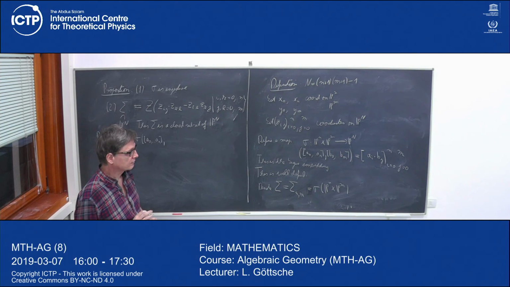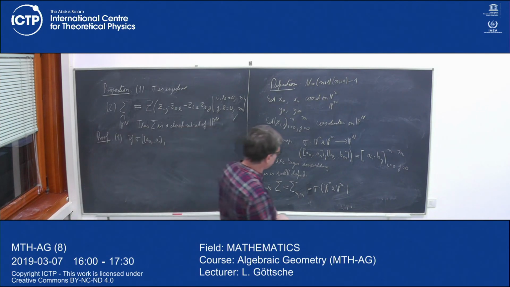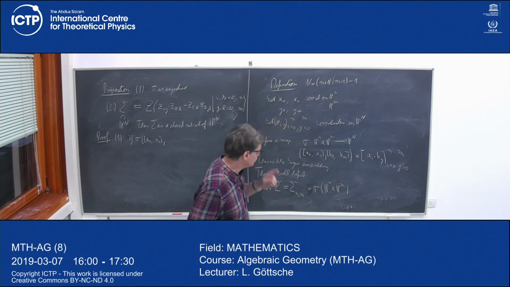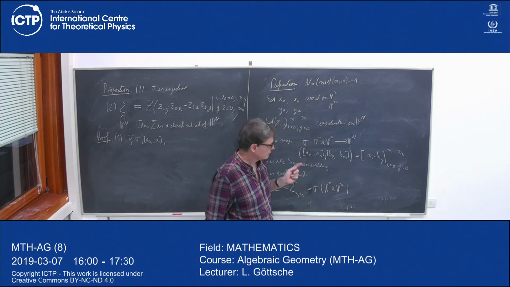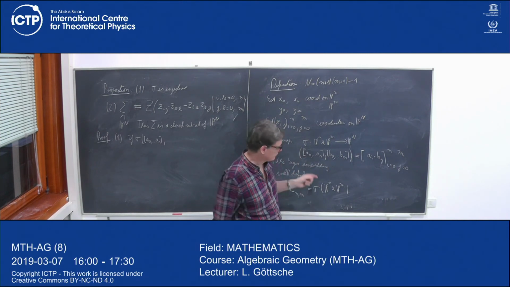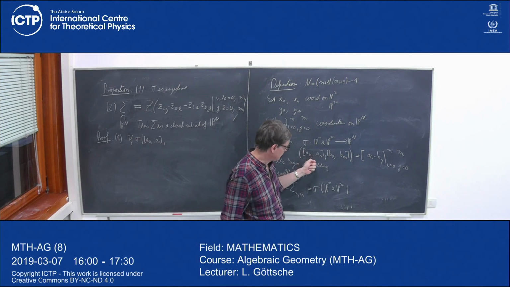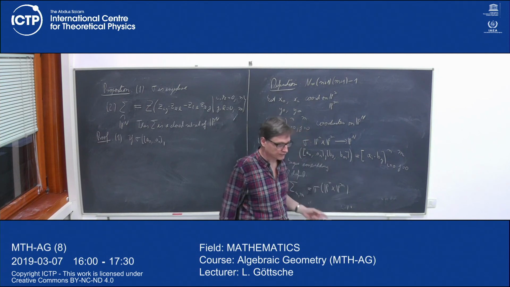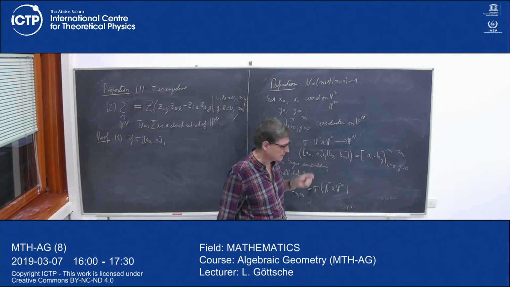Now what does it mean that it's well defined? The one thing you really need is that if I multiply this by lambda and this by mu, then this is multiplied by lambda mu. That means it only depends on the class.